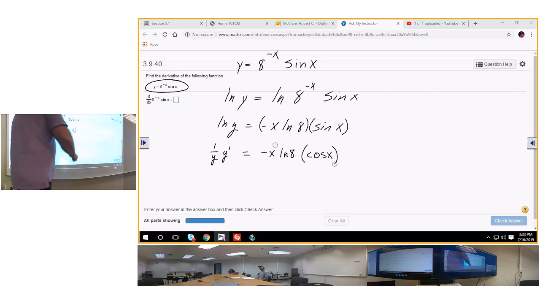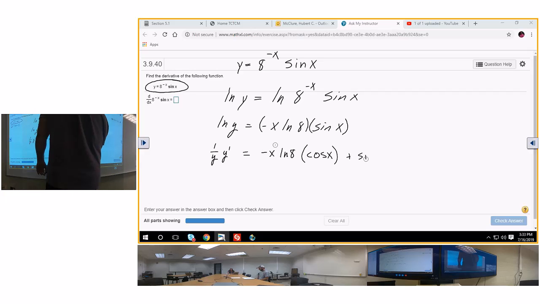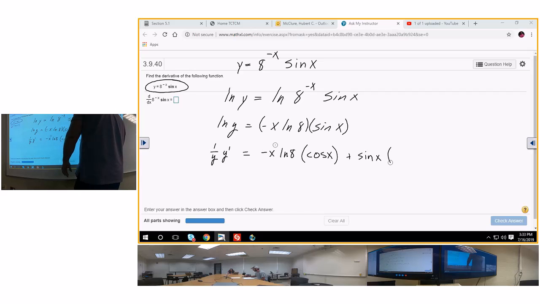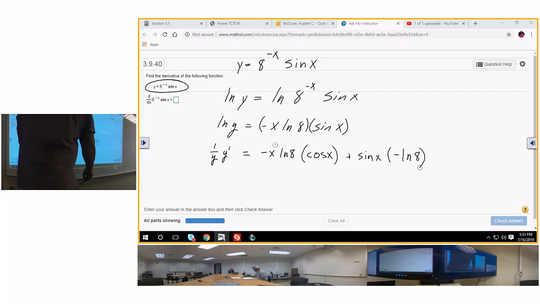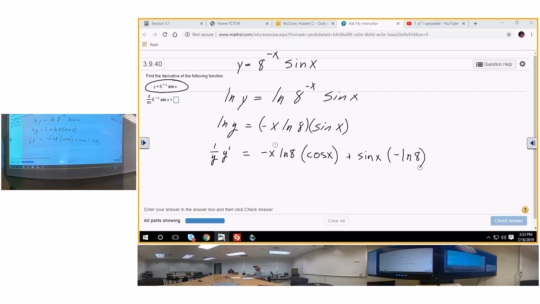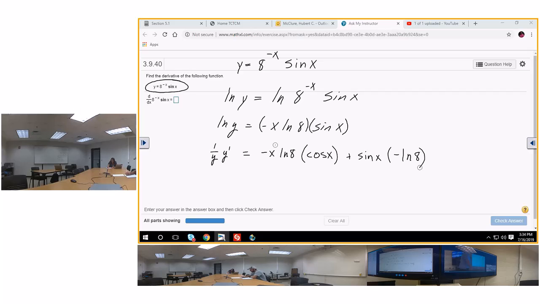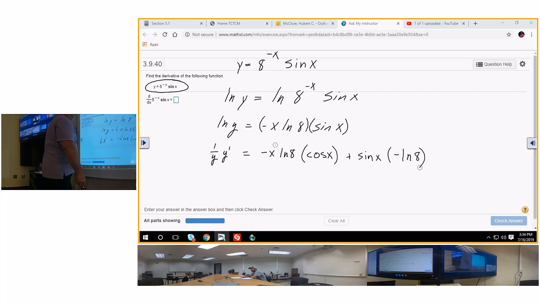Plus the second times the derivative of the first. The derivative of negative natural log of 8x is negative natural log of 8. Now, the only thing you can do now is just multiply by y on both sides.